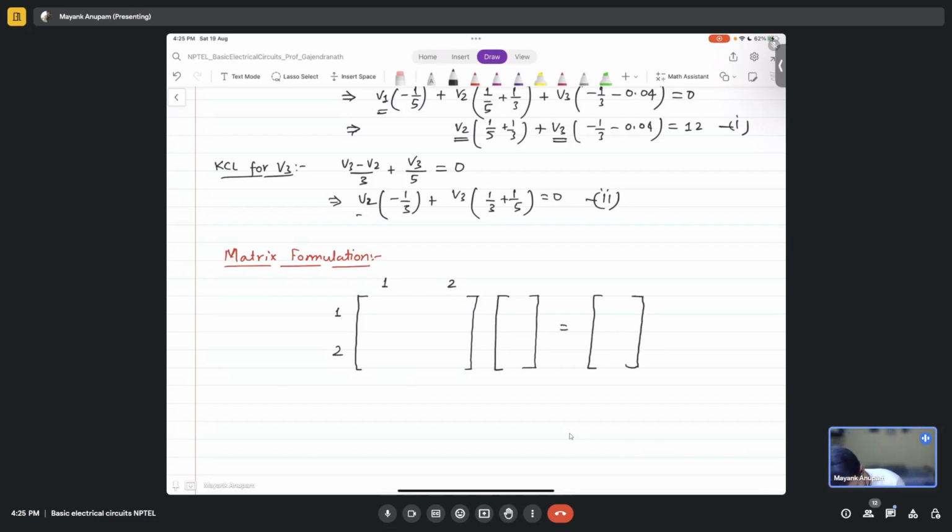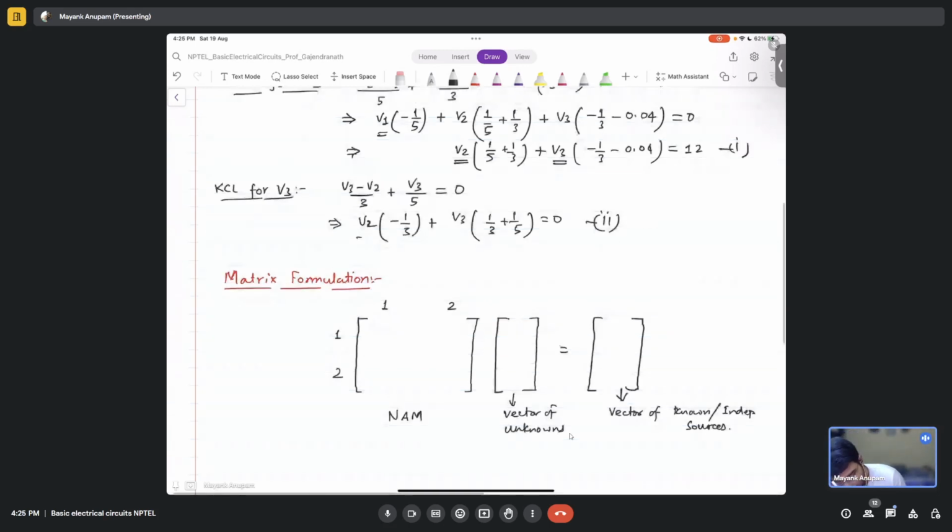In this case we have a nodal analysis matrix, and this is a vector of unknowns, and this is the vector of known or independent sources.